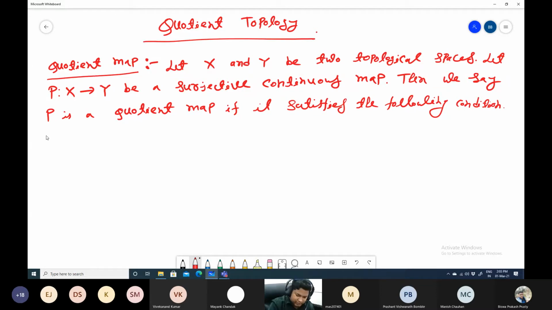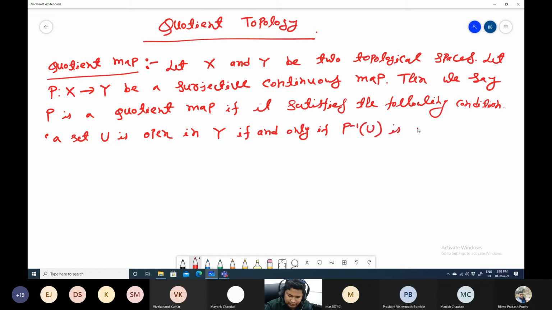So what condition? A set U is open in Y if and only if P inverse U is open in X. Okay, so last time I saw many students have some doubt about what is P inverse U, though P is not a bijective map.